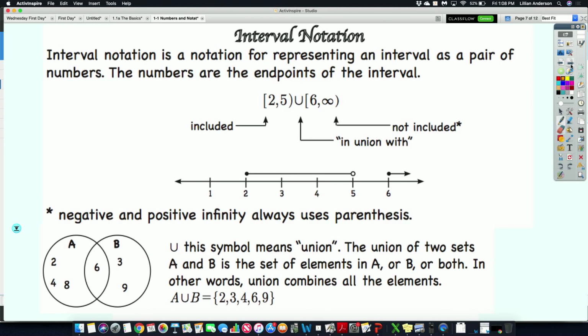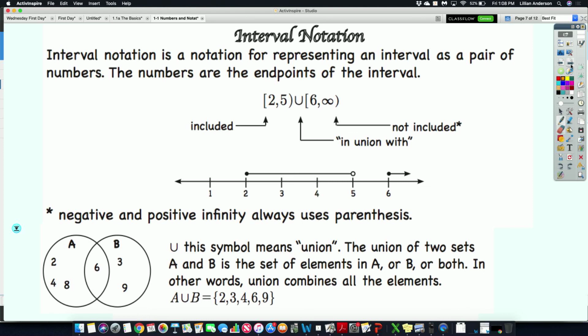Let's look at interval notation. Interval notation is the other way to represent or describe different types of numbers. These are numbers that have endpoints on a particular interval. There's a difference between using brackets and parentheses.